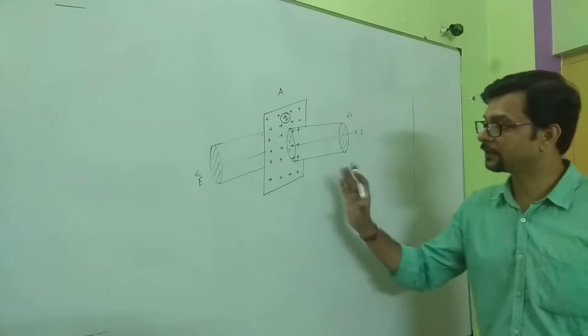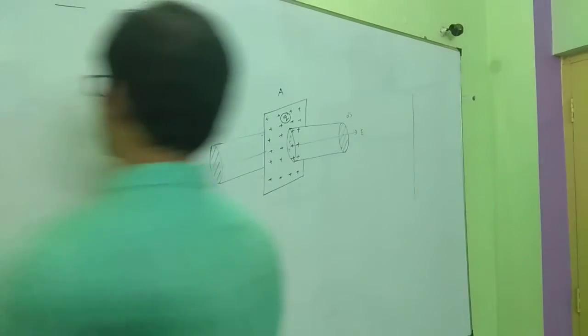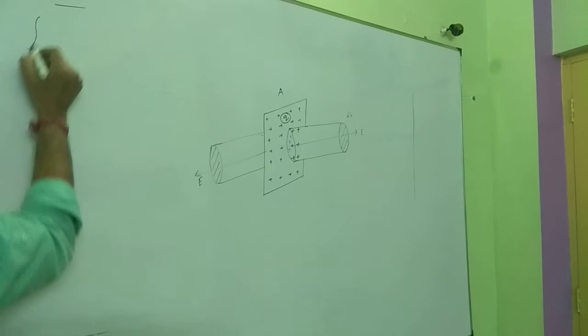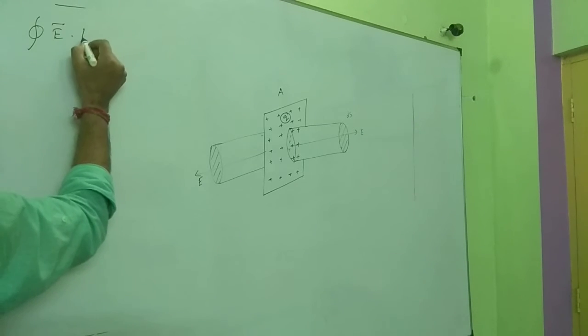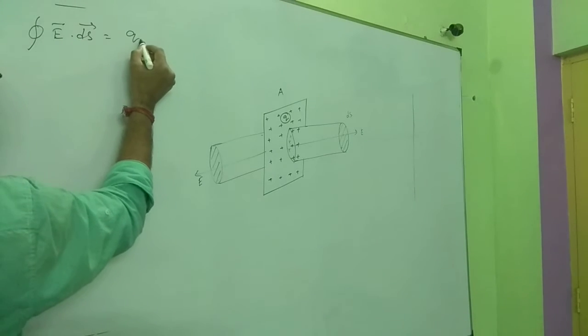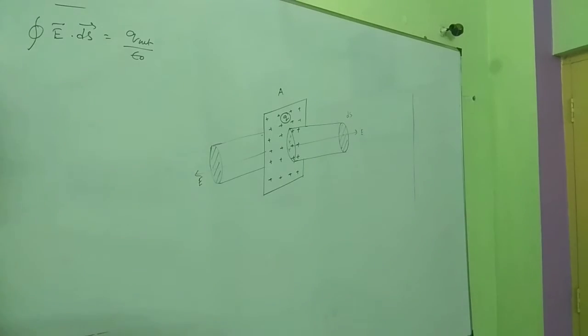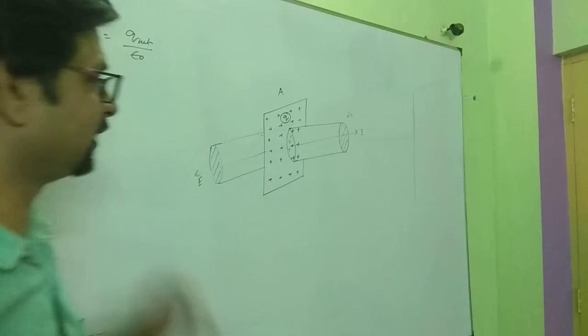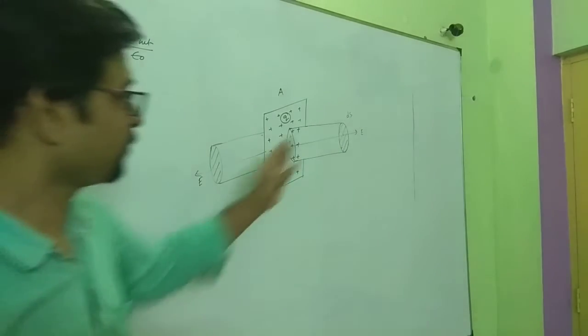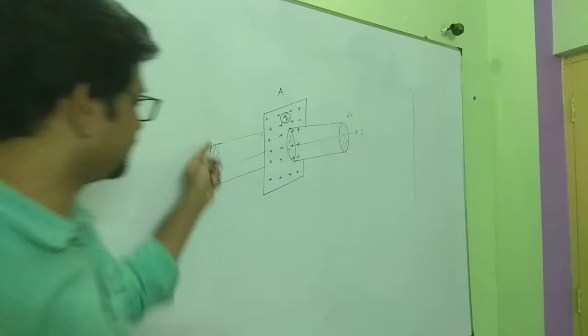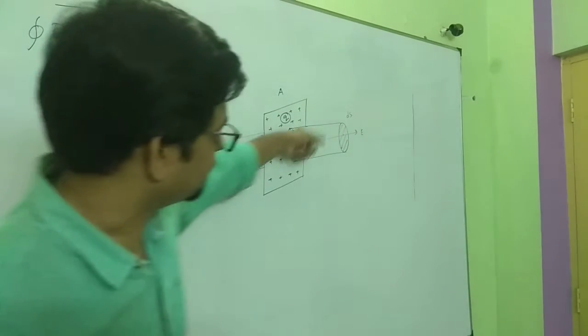So therefore, if you apply the Gauss law, again, what we can write, integration of E dot ds will be equal to q net by epsilon 0. Now this entire integration, because it is a cylinder, we can split into three parts. One is this circle, one is this circle, and another one is this curved part.